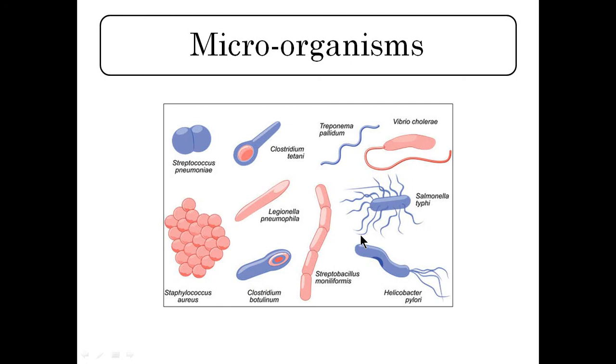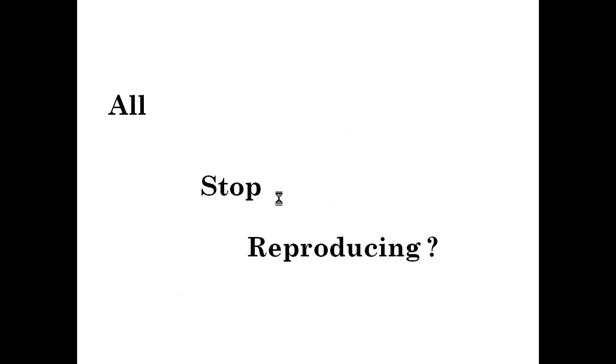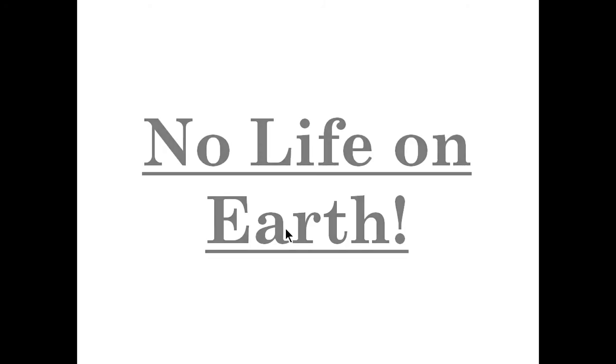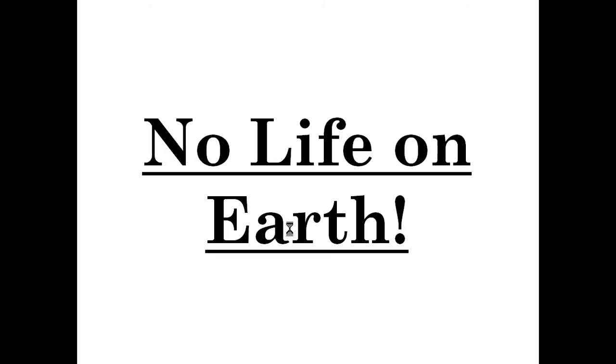Now assume that all of them stop reproducing. Then what will happen? Just try to think over this. Any answers, students? There will be no life on earth. Am I right? So we can understand that reproduction is very important.